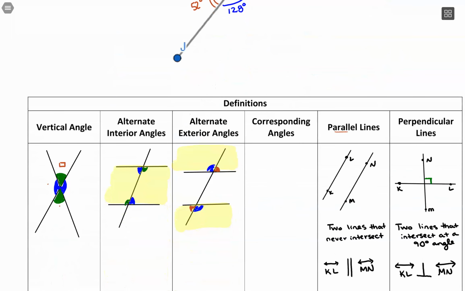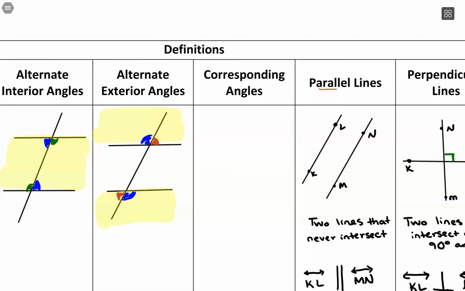The last piece here is corresponding angles, and in these cases there are a lot of them. It's when you have these two intersections where values occur at the same spot; you look at where they line up, and that gives your corresponding angles.